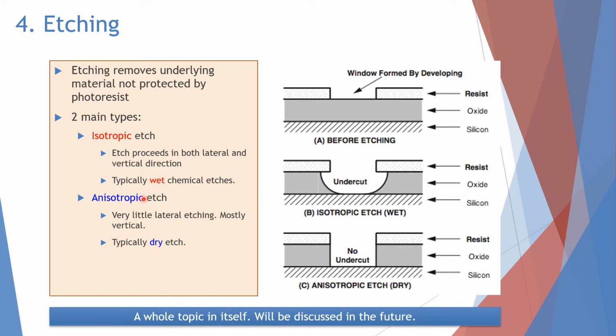Anisotropic etch is mostly vertical etching, so it cuts in the vertical direction and is typically performed as dry etch. Isotropic etching is performed in a wet chemical etch, meaning the wafer is submerged in the chemical.